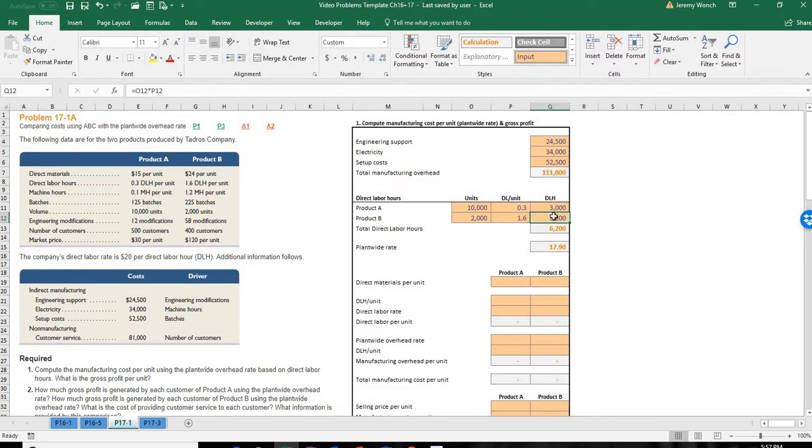So we have total direct labor hours of 6,200. If we take our 111,000 divided by our total direct labor hours, our plant-wide overhead rate is $17.90 that we're going to apply to the products per direct labor hour.